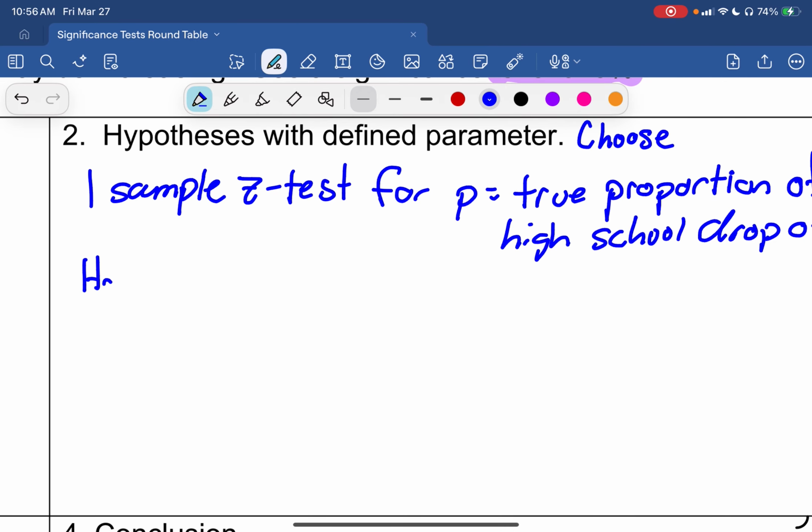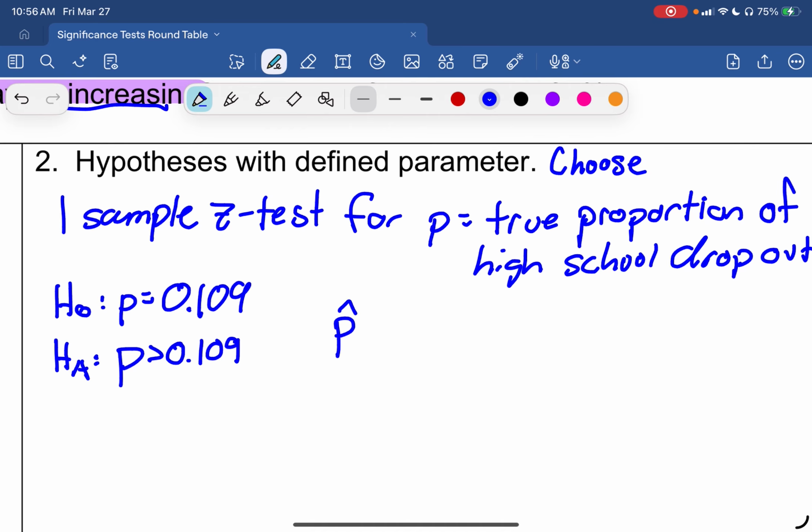Now, a couple things we need to have here. Let's talk about our null and our alternative. Our null is that the true rate is 10.9%. Our alternative, if we go back and look, we're being asked, is the rate increasing? So we want to know, are we seeing more than 10.9%?